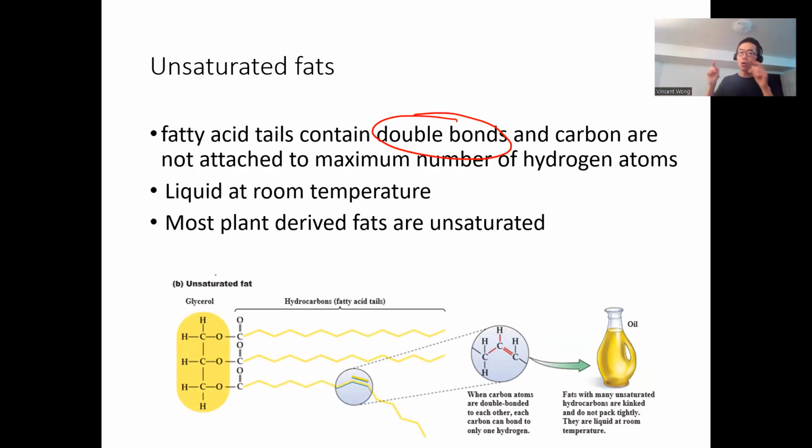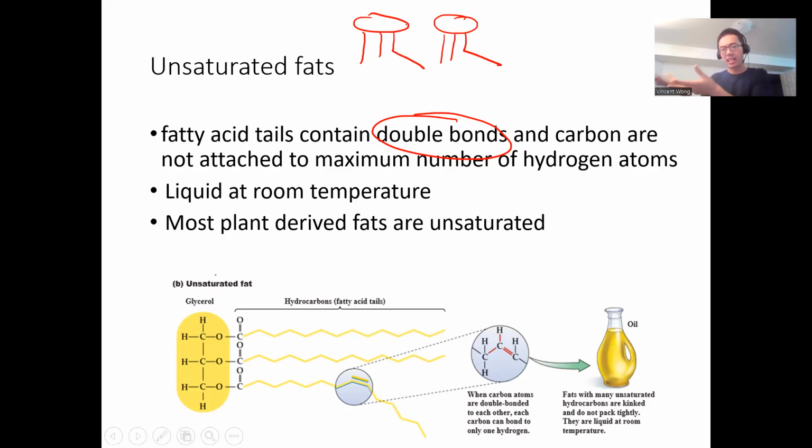The key thing to know in this context is that when you have the unsaturated fatty acid, it makes the tail bend like that. So if I try to put another unsaturated fat next to it, it can't get really close because the kink in the tail gets in the way.